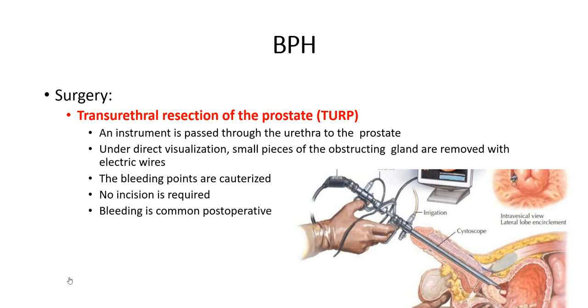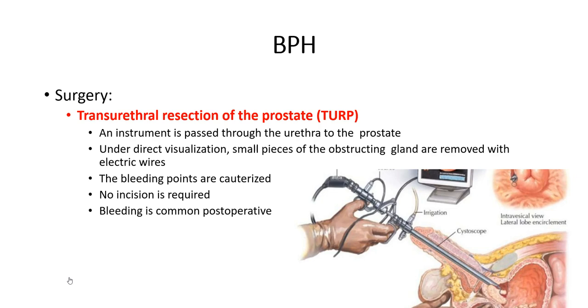So, with this procedure, the person is anesthetized. They'll use a cystoscope or a resectoscope. They will insert it into the urethra and down to the prostate gland. And as you can see, it's exactly what it's doing. It's chipping off a piece of the prostate, a piece at a time. It'll also have some kind of cauterizer to reduce some of the bleeding while it's doing it.